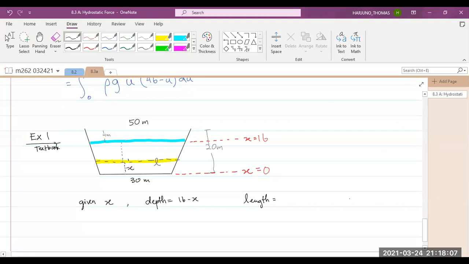Well, we happen to see that they behave linearly. When x equals 0, the length is 30. When x equals 20, the length is 50. And you can see, I do it fast. Basically, you will see y equals x plus 20. Sorry, x plus 30.